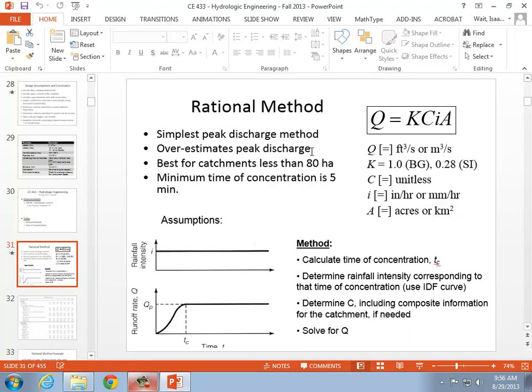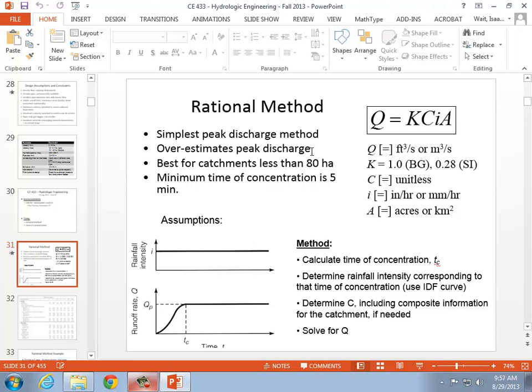So if we do it in traditional units, you get CFS for Q, CIA. Okay, C is unitless, I is inches per hour, and A is acres.